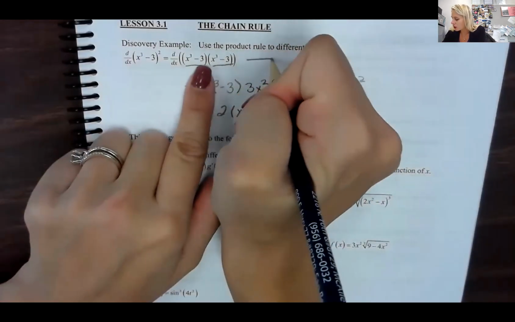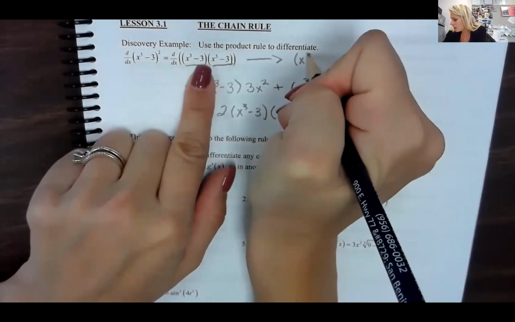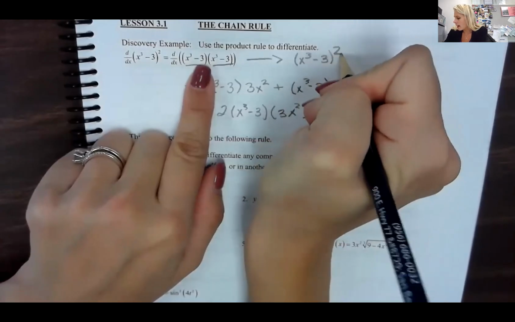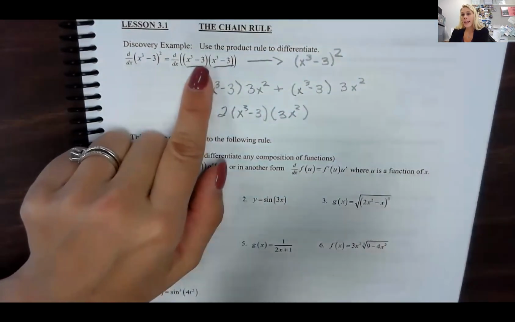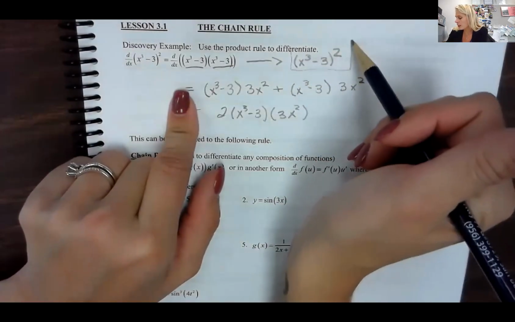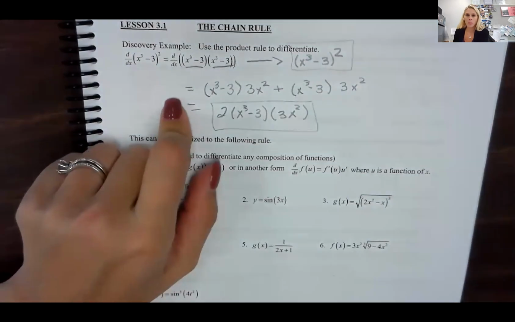Now, I'm going to rewrite that first function to begin with. What if we actually looked at this as x cubed minus 3 squared? Can you see a faster way that we could have started here and come up with this answer?